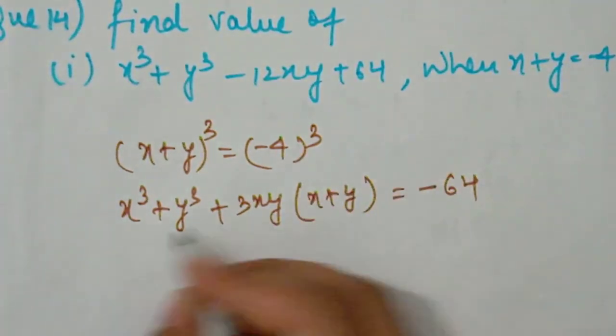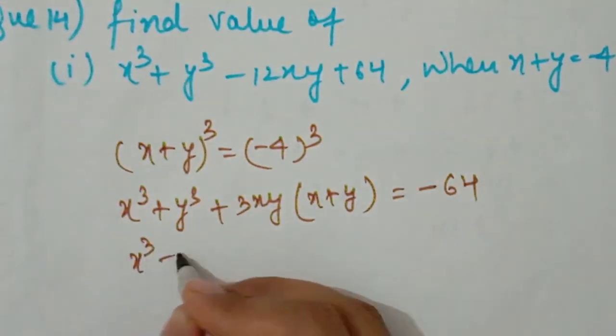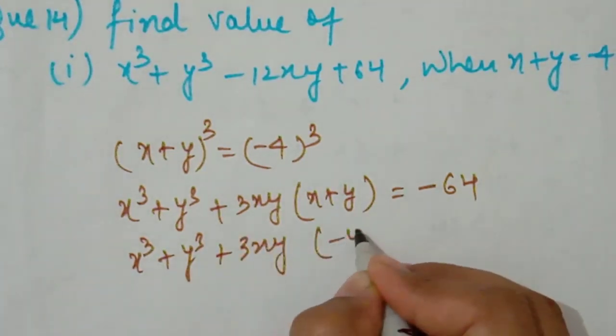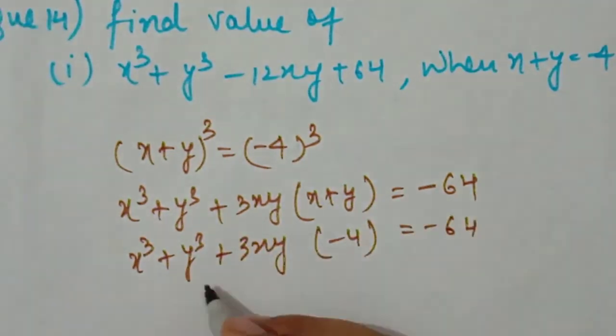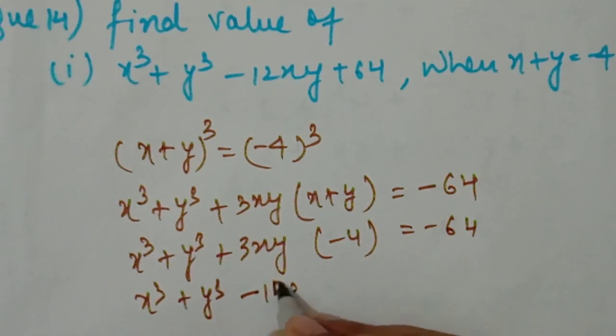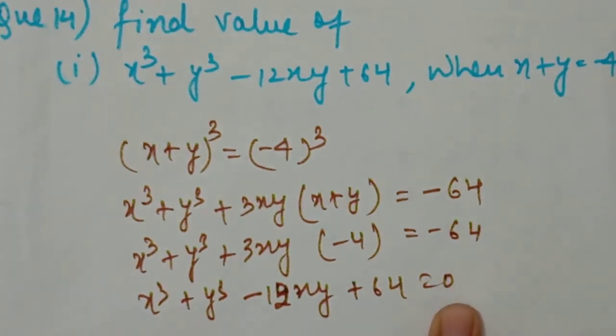We know that x plus y is minus 4, so we put the value: x cube plus y cube plus 3xy times minus 4 is equal to minus 64. So x cube plus y cube minus 12xy, since 4 3s are 12. Shift this number to the other side, then it becomes equal to 0. So the value of this given expression is 0.